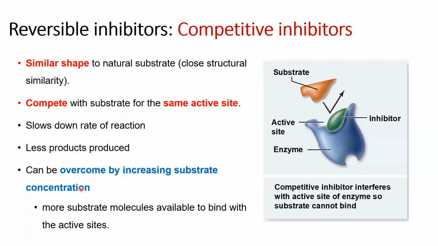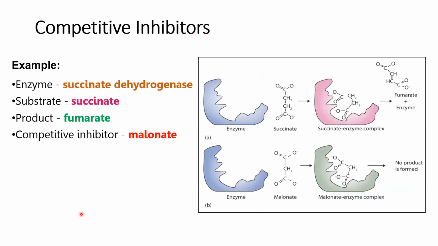What is the advantage of increasing the substrate concentration? Because you will have more substrate in the reaction, there will be a higher tendency for the substrate to bind to the active site instead of the inhibitor. So you have to add more substrate molecules in order to overcome the effects of competitive inhibition.